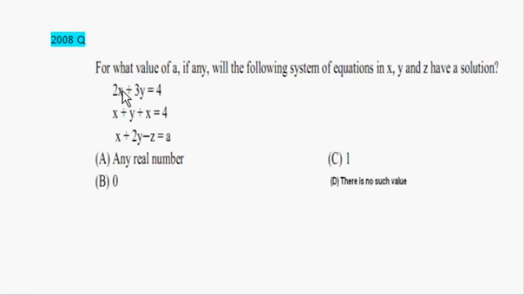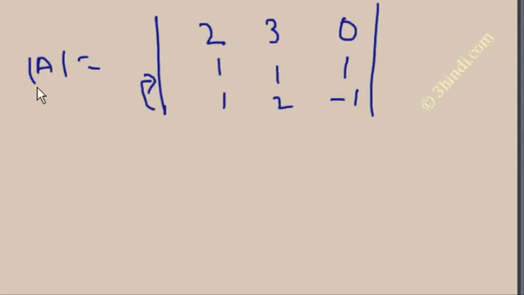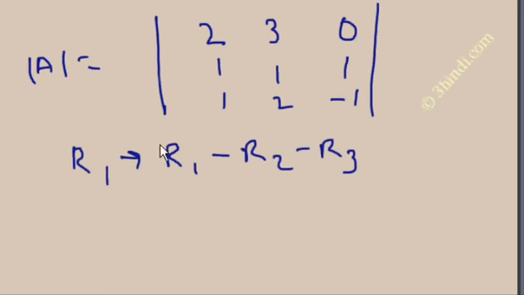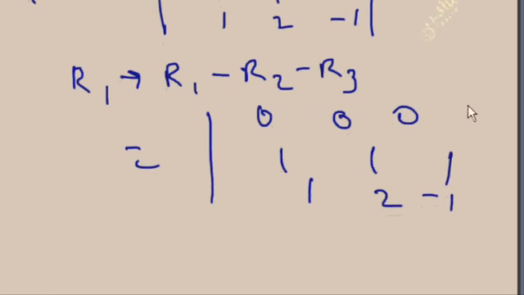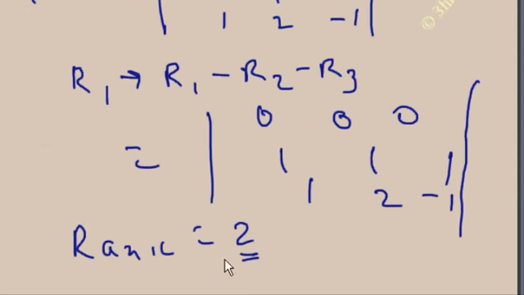You are required to find the values of A. First, the rule is that you have to find out the rank of the two matrices A and K. Here is the determinant value of A. Performing R1 minus R2 minus R3, I will get a row of 0 0 0, so the rank is not 3, but the rank of A is 2.